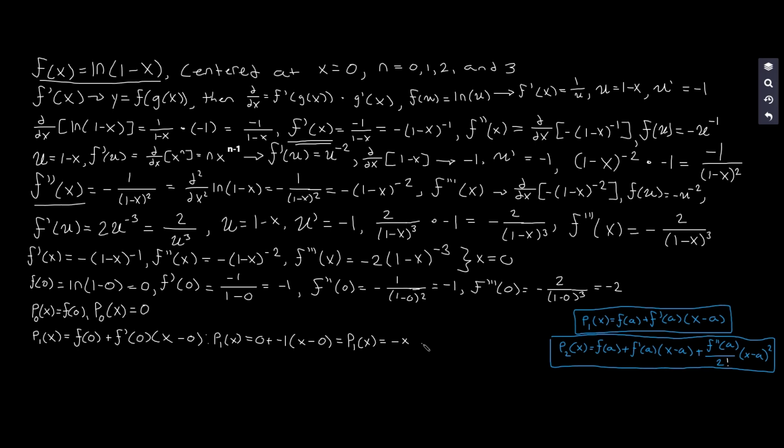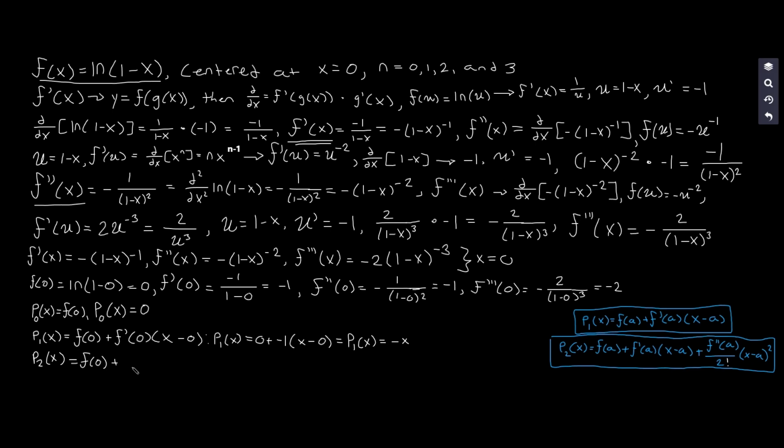All right. So now we need to plug into this formula here. So that's going to go p sub 2 of x equals f of a, which is f of 0, plus f prime of a, which is f prime of 0, which is negative 1, right?